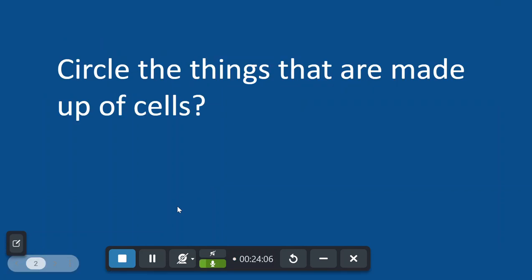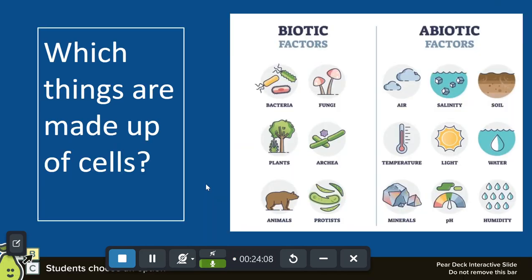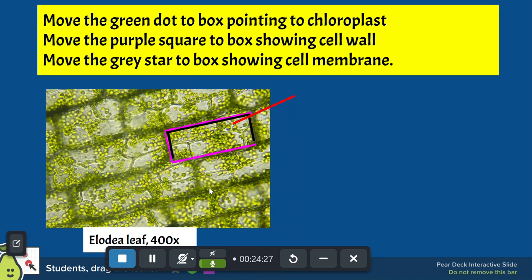Okay, and then on this slide, I asked people to circle things that are made up of cells. It's going to be bacteria and fungi and plants and archaea and animals and protists. All of the living things are made up of cells, but our abiotic factors are not. So it was nice and organized for you to look at there.